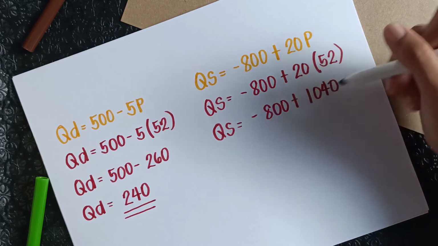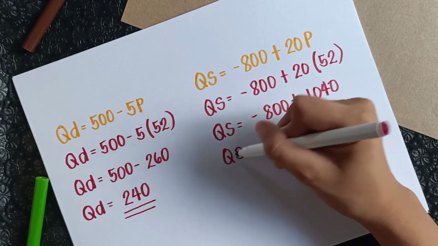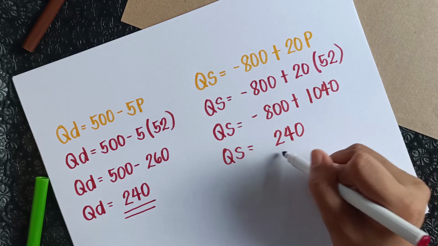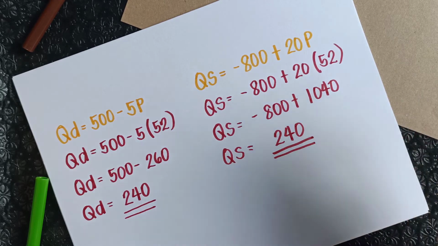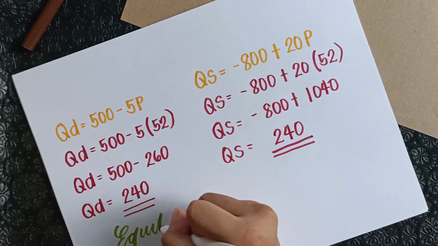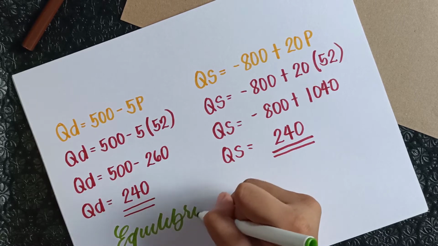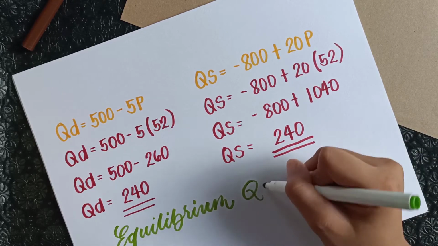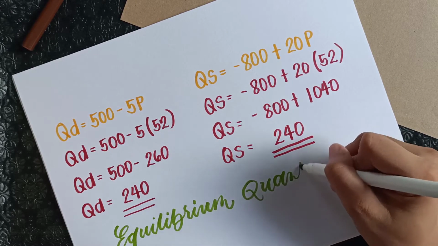So QS is equal to 240. So that's how we compute for the equilibrium quantity. After computing for the equilibrium price and the equilibrium quantity, we can now see that there is a market equilibrium wherein the quantity demanded is equal to the quantity supplied.